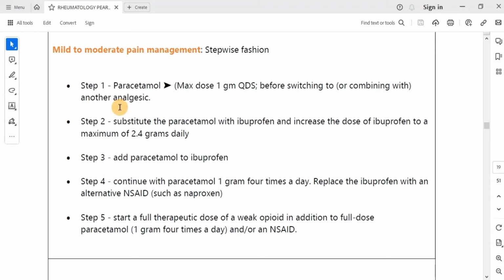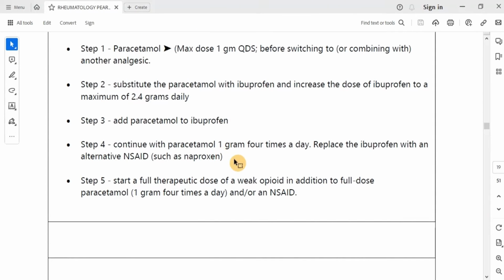Then step 3 is equal to 1 plus 2, so add paracetamol to ibuprofen. And step 4, continue with paracetamol 1 gram 4 times a day, and replace the ibuprofen with an alternative NSAID such as naproxen. And step 5, start a full therapeutic dose of a weak opioid in addition to full dose paracetamol 1 gram 4 times daily, with or without an NSAID.